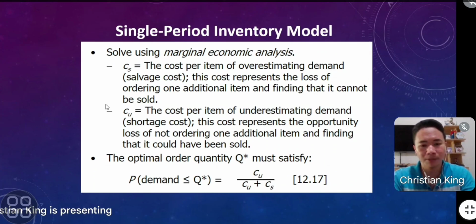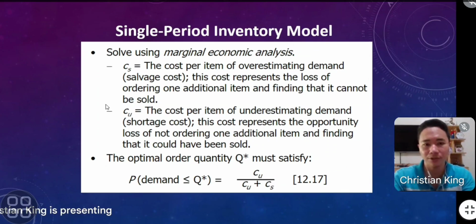As for the optimal order quantity Q, it must satisfy a formula where the probability that demand is less than or equal to the quantity equals the cost per item of overestimating demand over the cost per item of underestimating demand plus the cost of overestimating demand.